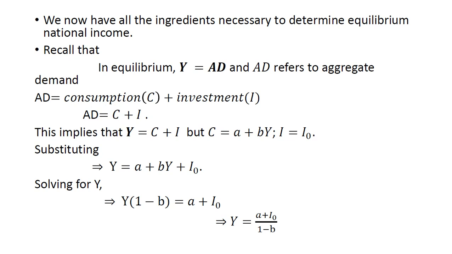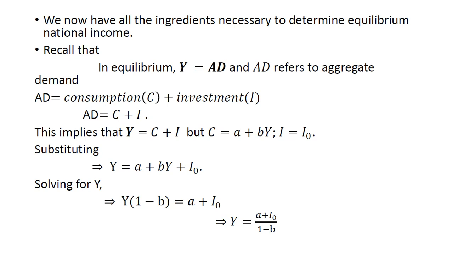As I said, the C depends on the Y, while the Y is also a function of C. So there's some kind of simultaneity over there. As you can see, this implies that Y is equal to C plus I. So see, Y is a function of C. But C also is equal to A plus BY.